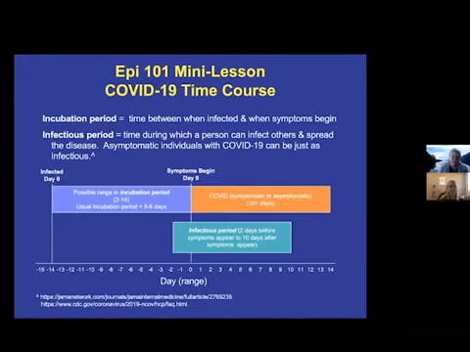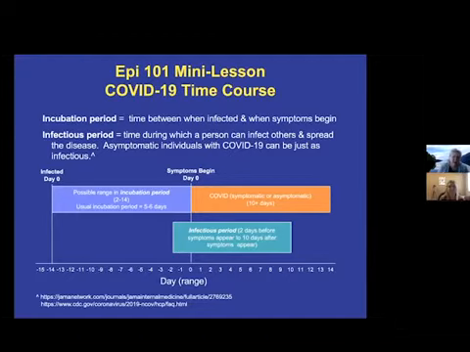And I have included at the bottom of this slide a reference about a really nice study that has shown that that's true, that the virus can be spread just as easily from someone that's asymptomatic as symptomatic.